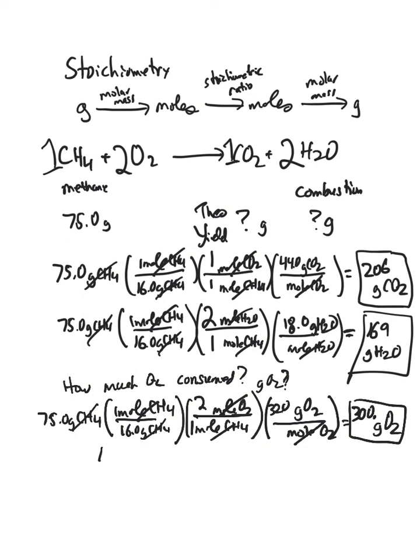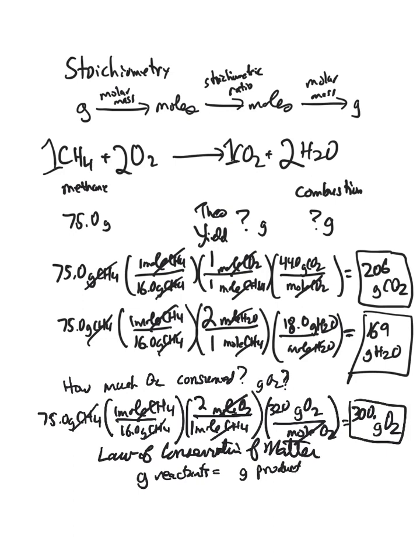So according to the law of conservation of matter, the law of conservation of mass, however you want to say that, my grams of reactants has to equal my grams of product. So my reactants were methane, which was 75 grams, and oxygen, 300 grams.